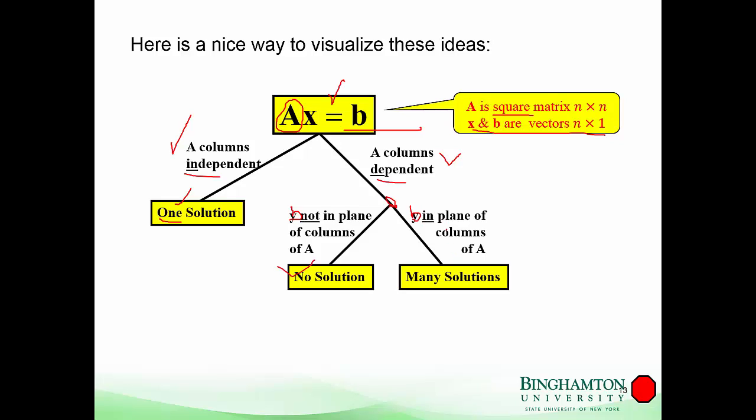If B is in the plane of the columns of A, then there are many solutions. And how many? Infinitely many. For each B, you give me one specific B that lies in the plane, there are infinitely many X vectors that will allow me to solve that one case with that one specific B.